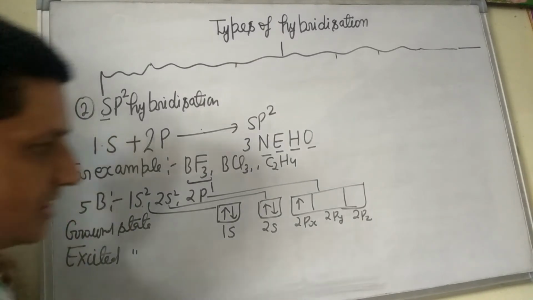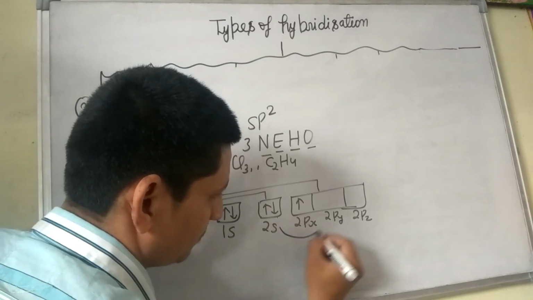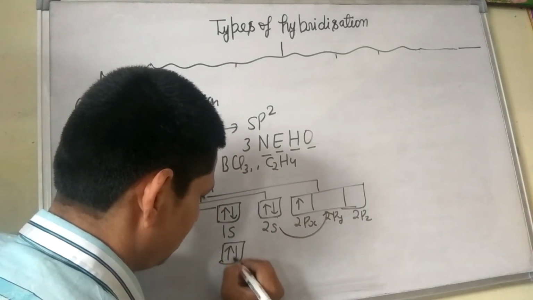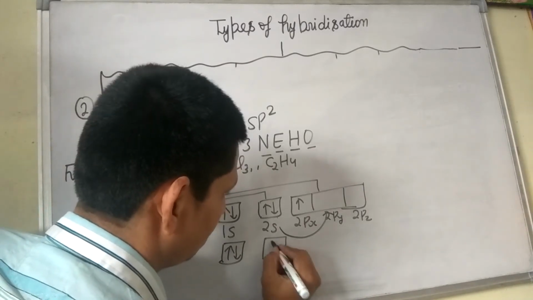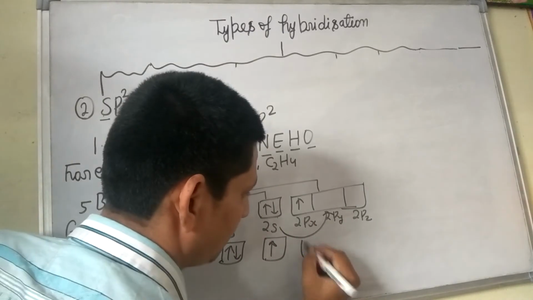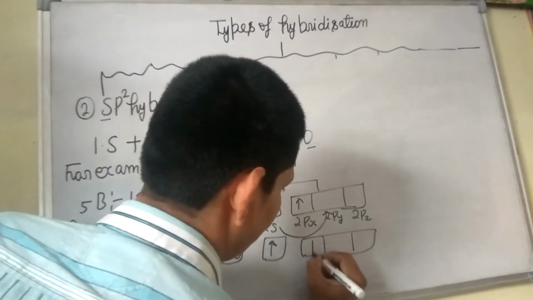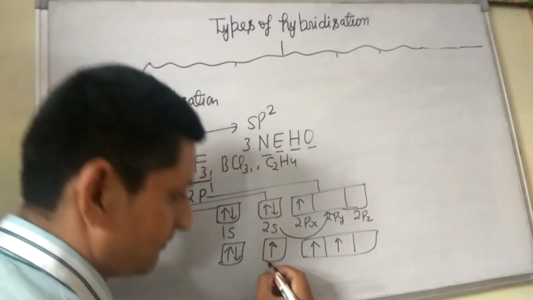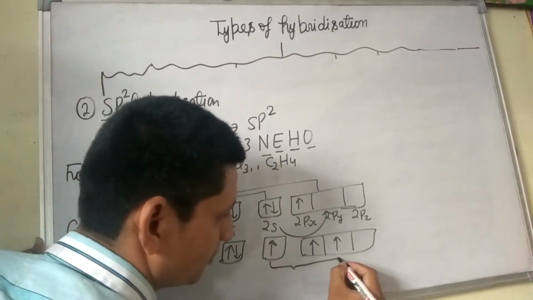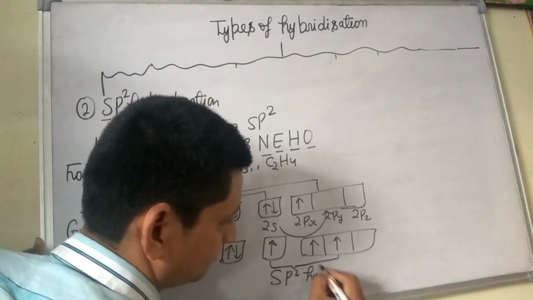In excited state, when we provide energy, 1 electron jumps from this orbital to this orbital. Now 1s has 1 electron left. So look here, 1s and 2p orbitals combine to form sp2 hybridization.